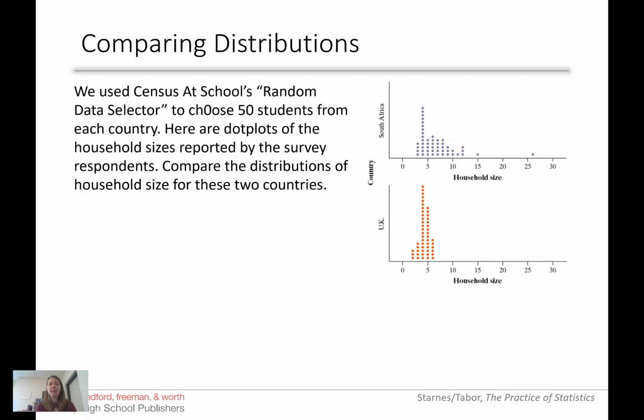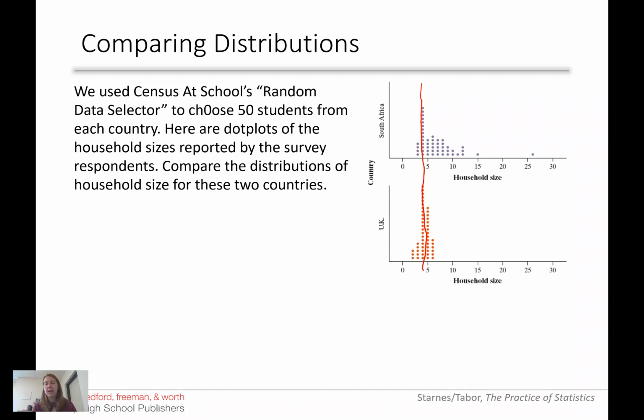Now, if you're comparing distributions, you want to compare all those points: shape, center, spread, outliers, and gaps. So in these household sizes between the UK and South Africa, you'd want to compare the fact that their centers both appear to be around 4, because they both appear to be right here.